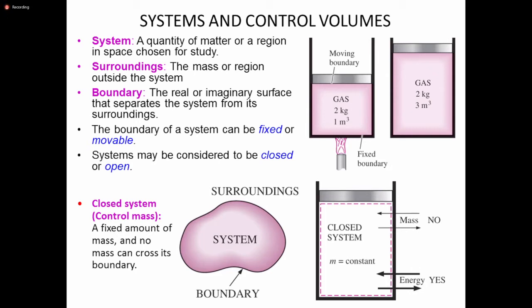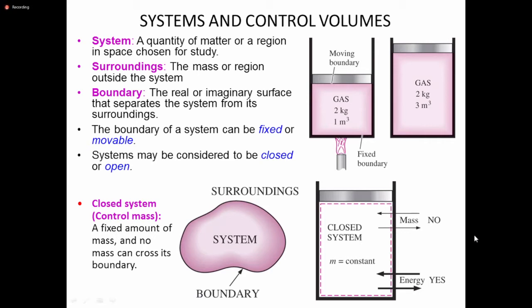What is exactly the concept of that? Then we talked about the fixed and movable boundaries. At the same time, we also talked about the imaginary and the real boundaries. The systems are classified into three categories: closed system, called the control mass system; the control volume system, called the open system; and the isolated system.